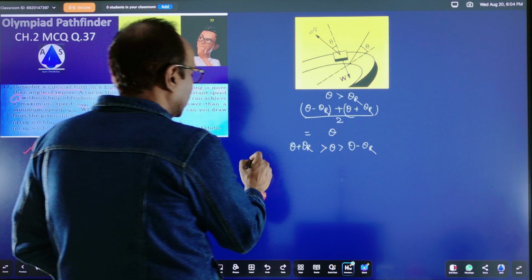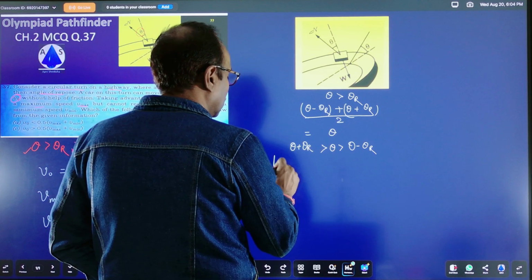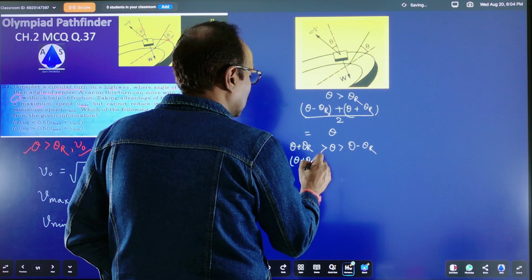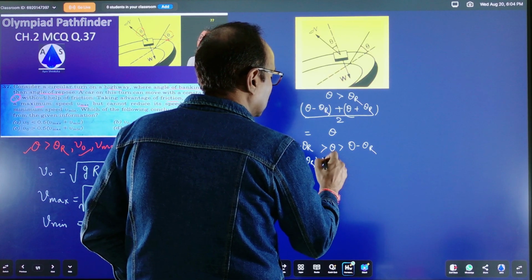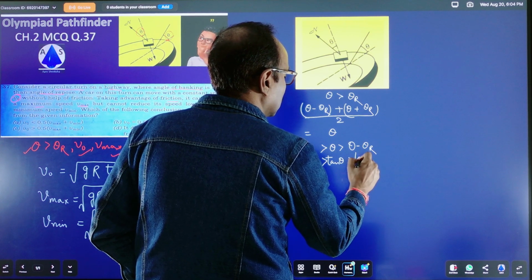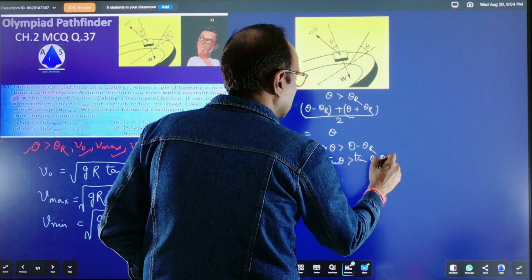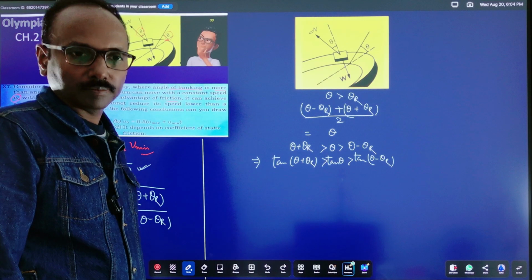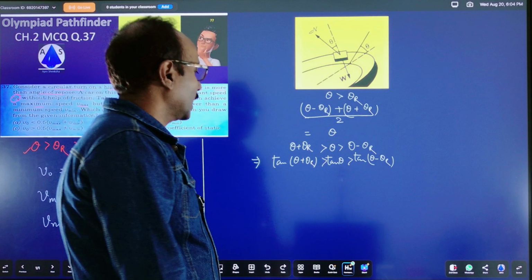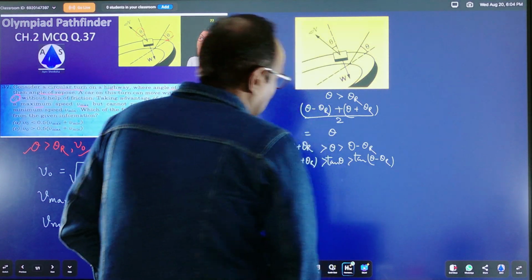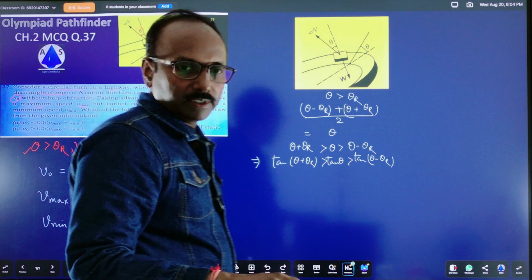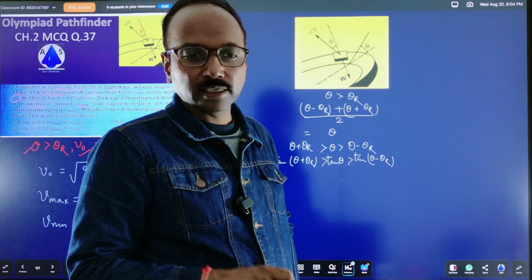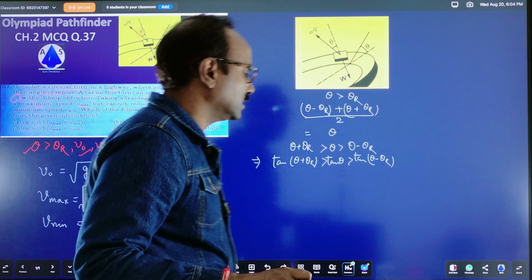So if you take the tan of all these three, tan theta plus theta r... As you know, between 0 to 90 degrees, as the angle increases, the value of tan theta increases.